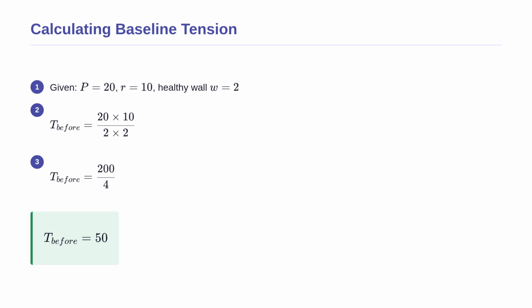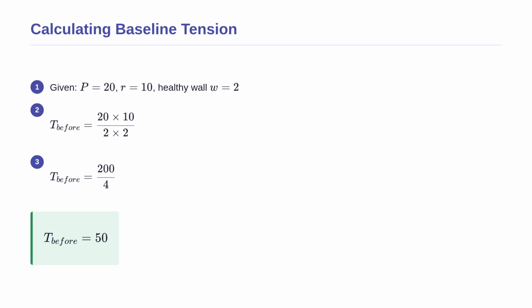Let us calculate the forces at play to see exactly why the follicle ruptures. We will start by finding the baseline tension before the LH surge. We are given an internal fluid pressure of 20 millimeters of mercury, a follicle radius of 10 millimeters, and a healthy thick wall of 2 millimeters.